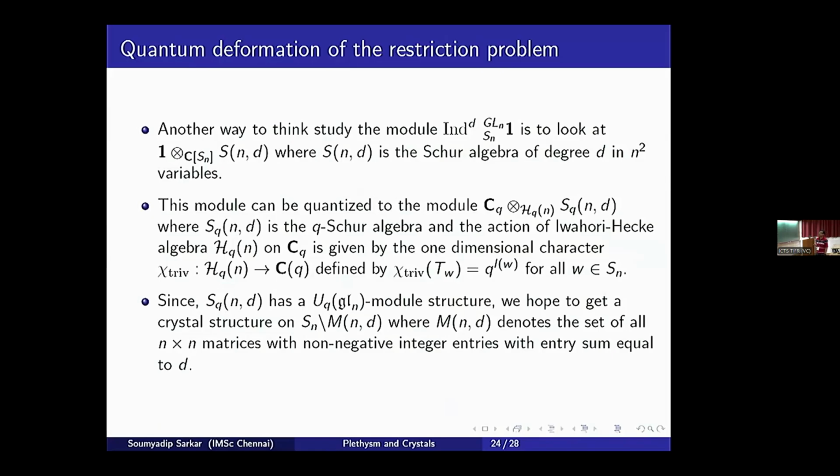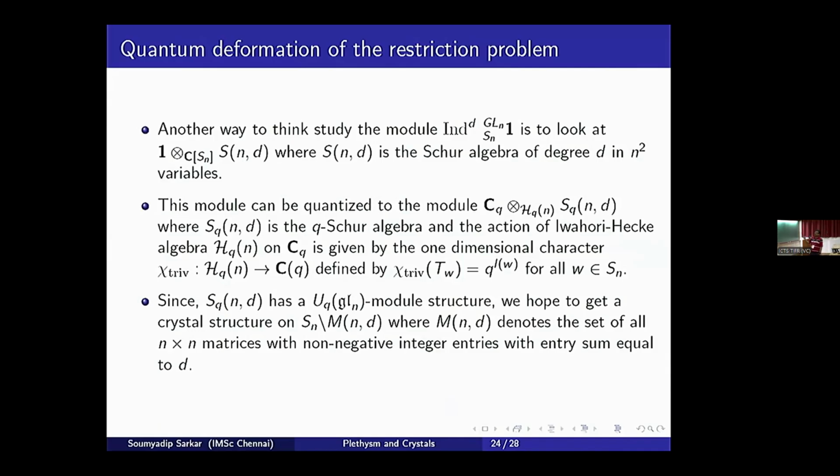So this C_q tensor over H_q(n) S_q(n,d), where H_q(n) is the Iwahori-Hecke algebra, which is the quantum deformation of the usual symmetric group algebra. And this q-Schur algebra is a q-deformation of the usual Schur algebra that is already known in the literature.